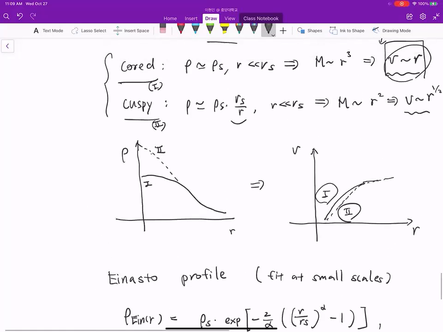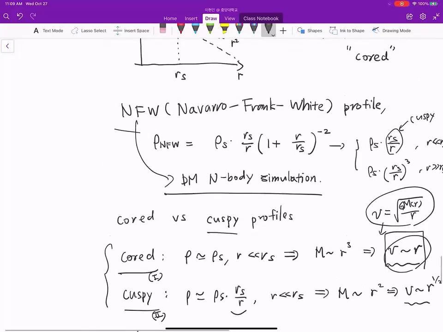Normally the NFW profile is used for indirect detection. In order to determine the indirect signal for dark matter, you need to know the dark matter profile, because dark matter is distributed all the way toward the galaxy center. Dark matter peaks at the galaxy center, but you also have dark matter all the way to us.